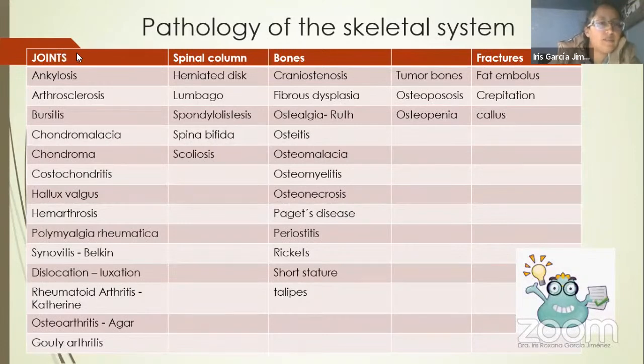For example, with joints, the ankylosis, you see we have a Y in the middle. The arteriosclerosis, the TH, the bursitis, the chondromalacia, we have the CH. So this way of writing down is very important in order to find the prefixes and suffixes. It's easy to make when we check the best way.